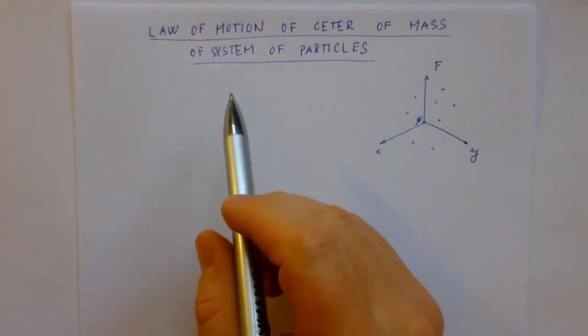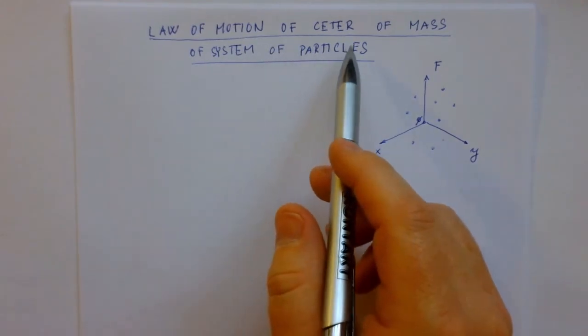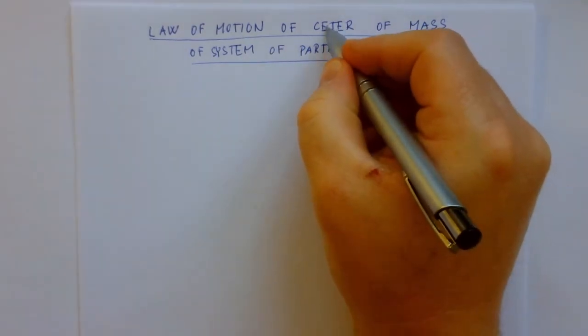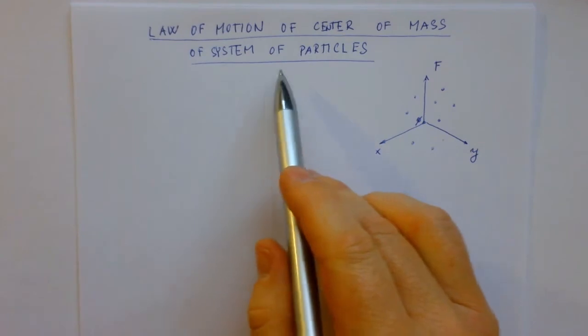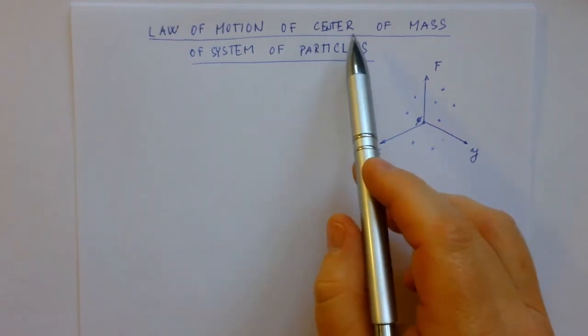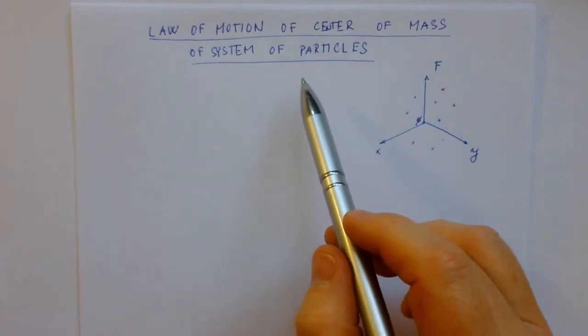So now let's talk about the law of motion of the center of mass of a system of particles. What is the center of mass of the system of particles?